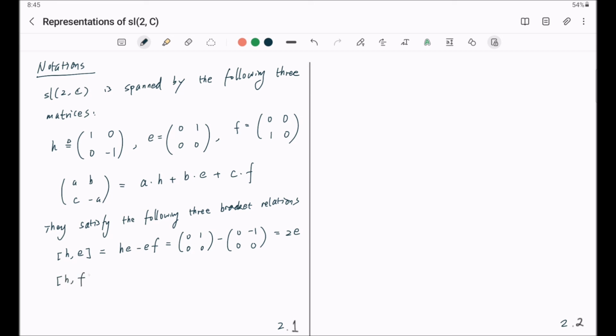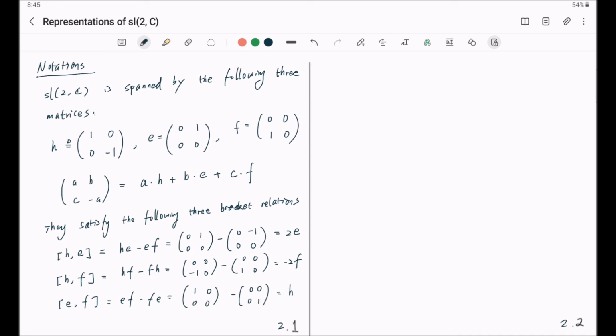And the Lie bracket of H and F is negative 2F. And the Lie bracket of E and F is just H. I know it is hard to memorize which is which in these Lie bracket relations, but it doesn't matter. Every time we use them, we just come back and check.